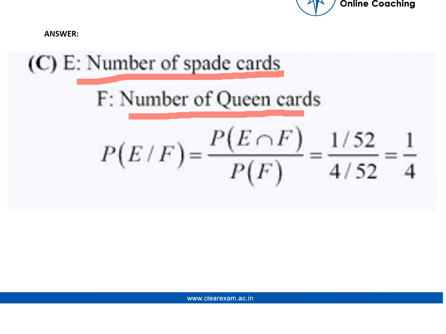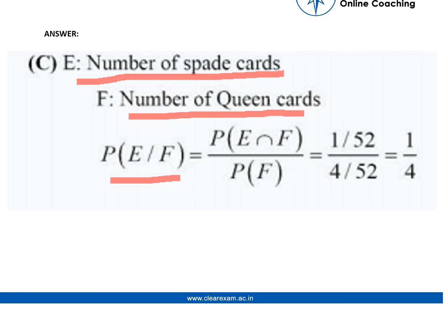We have used the formula P(E|F) is equal to P(E intersection F) upon P(F). As we know, there are 13 spade cards and 4 queens, and the set of 13 spade cards has only one queen, so it is 1/52. In total, there are 52 cards.